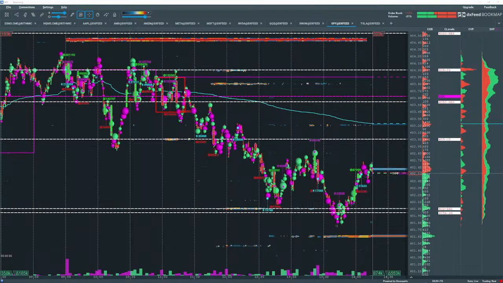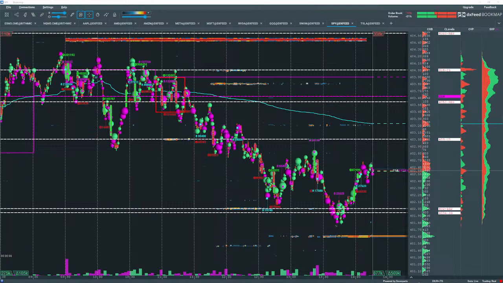And also absorption is really just an exhaustion. Absorption is passive sell orders absorbing the price, and you can see a reversal at that 404 level. So passive sell orders absorb the buy orders, and price moves lower.